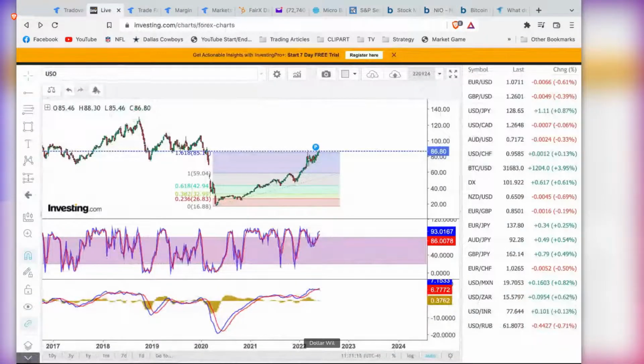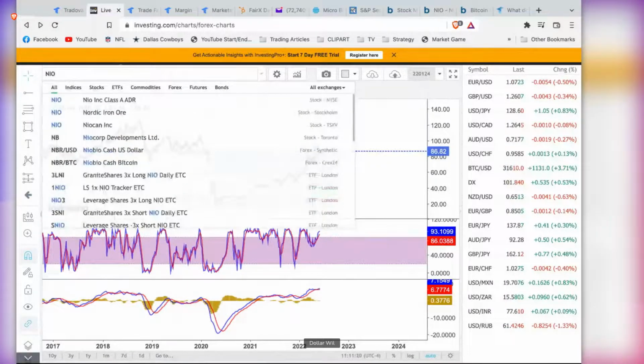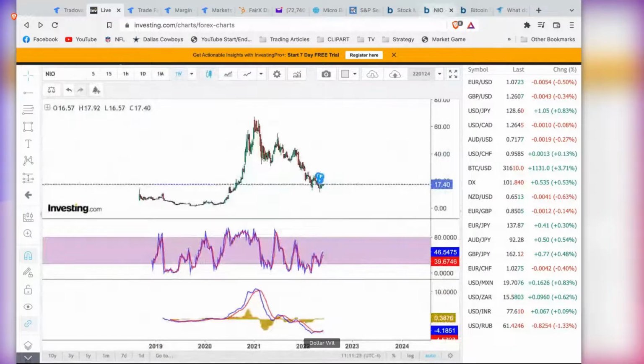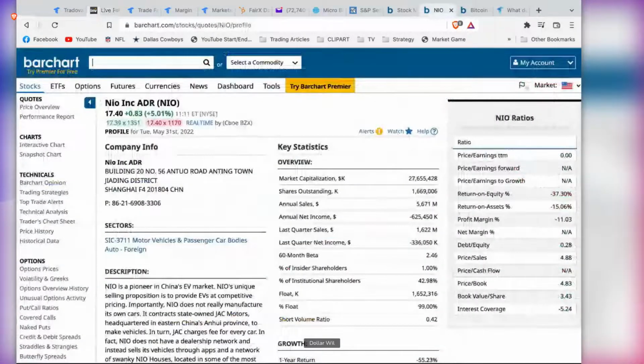I'm gonna show you those other levels I'm talking about. Bitcoin can get where it needs to go in a week, and so Bitcoin could hit that level right at the same time that the dollar reaches the top.